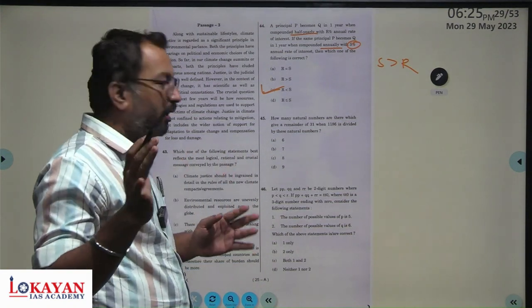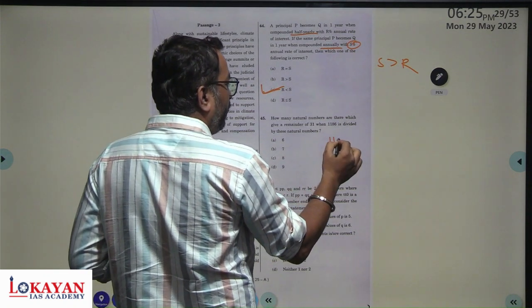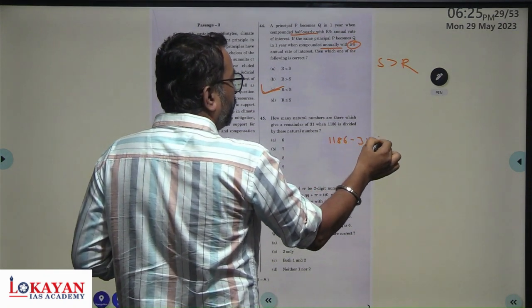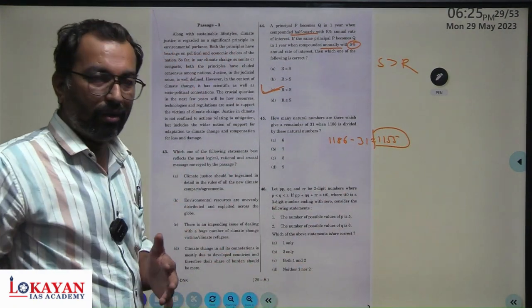They give remainder 31. Then what will be the nearest number which is divisible by those numbers? 1186 minus 31. So 1155 will be that number which is divisible by all these natural numbers.